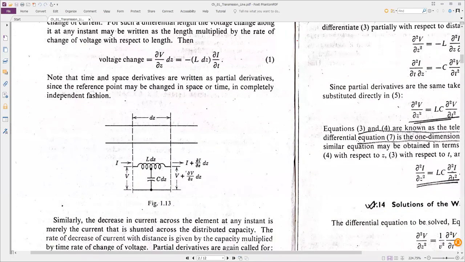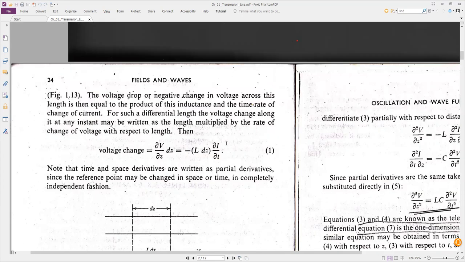So let's consider a transmission line, two parallel wires, and we are taking a small distance dz of the transmission line. This is the equivalent circuit of the two parallel wire transmission line.